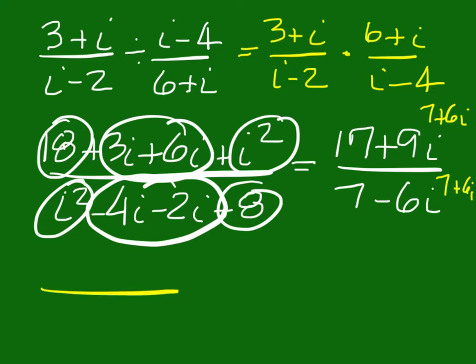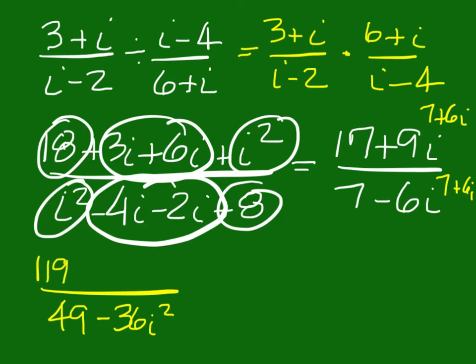The bottom is easy enough because you square the 7 to get 49, and then you'll square the 6i to get 36i squared and have a minus sign between the two. But on the top, you would end up with 17 times 7, which comes out to be 119.